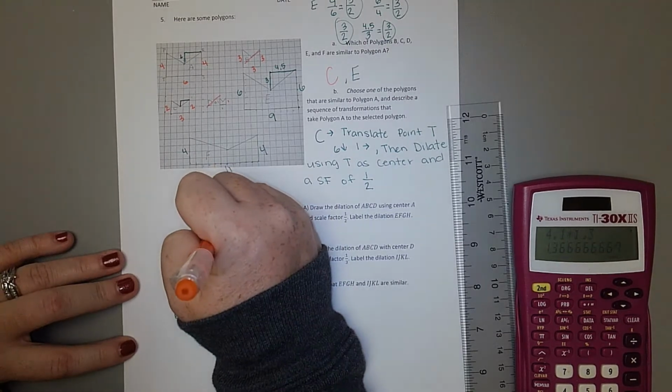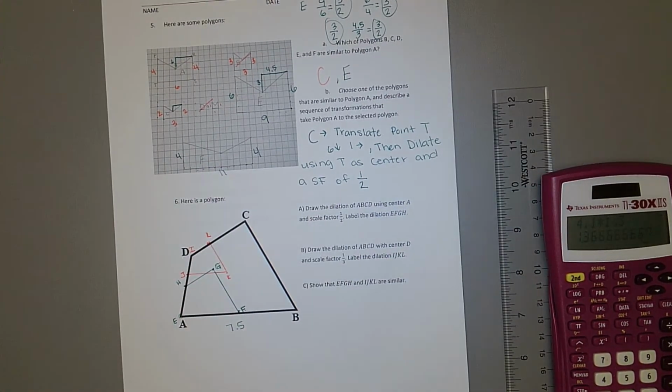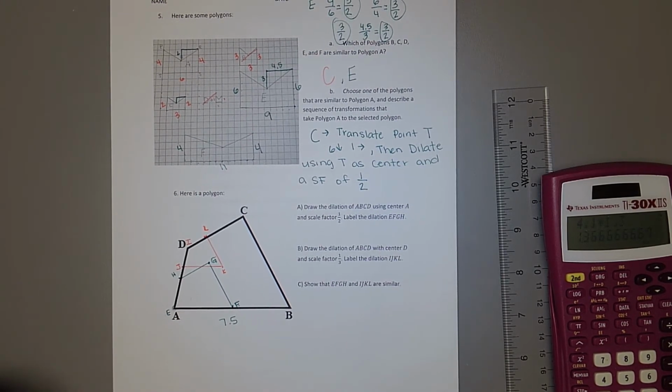And this would be L. They almost look like different shapes because I did the scale factor in 2 different spots, but they are the same. So show how E, F, G, H, and I, J, K, L are similar.